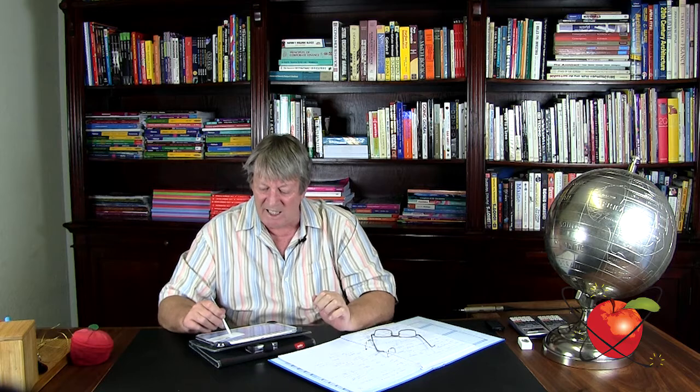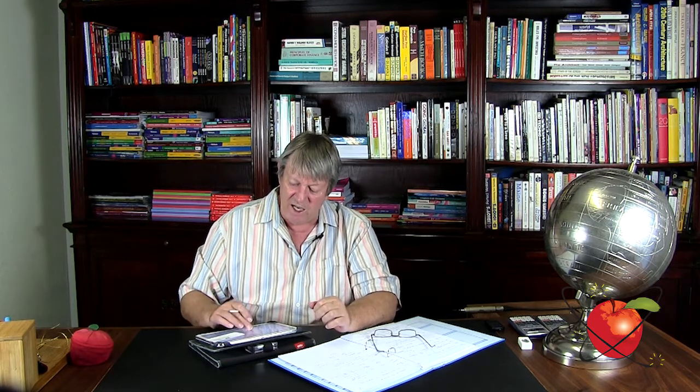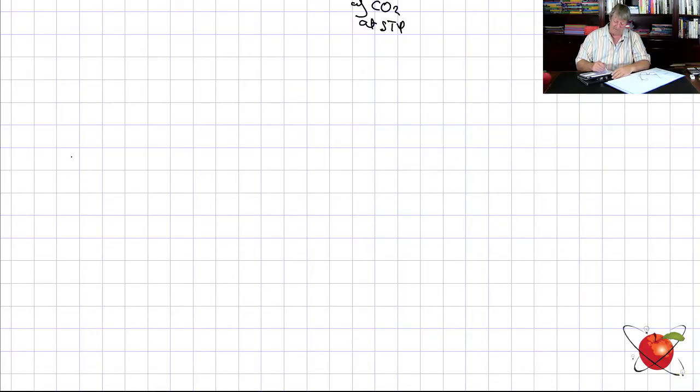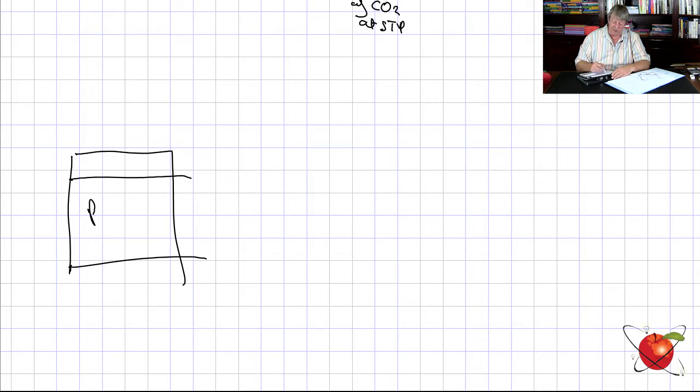The percentage yield. Well, in essence, it means this. When we're doing this experiment, we've got an amount of stuff. This is pure, and this is dirty stuff.